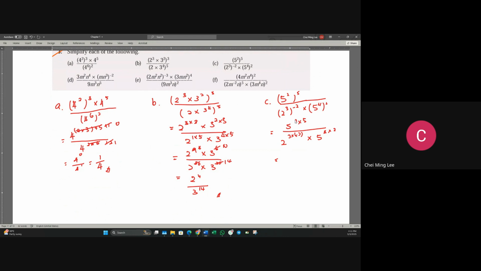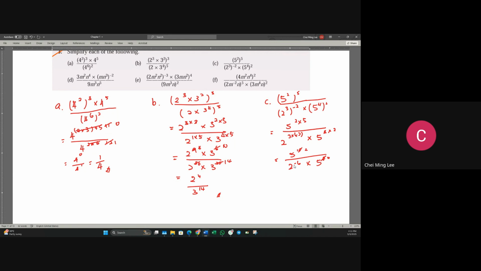So this one is 10, 5 to the power of 10 divided by, this one will be negative 2, becomes negative 6, 2 to the power of negative 6 multiplied by, this one should be 8. Okay, so this one becomes 0, this one will left 2. 10 minus 2. 10 minus 5.